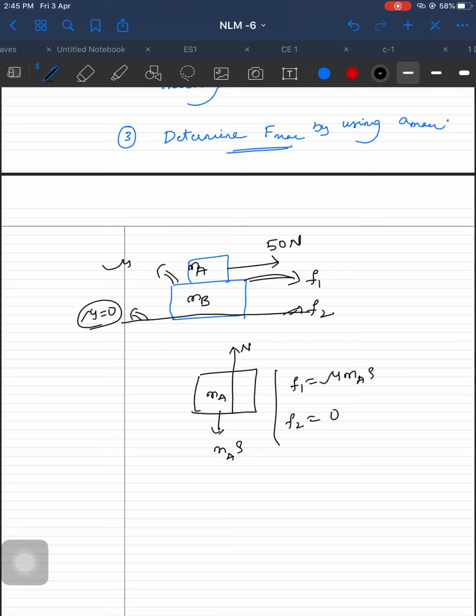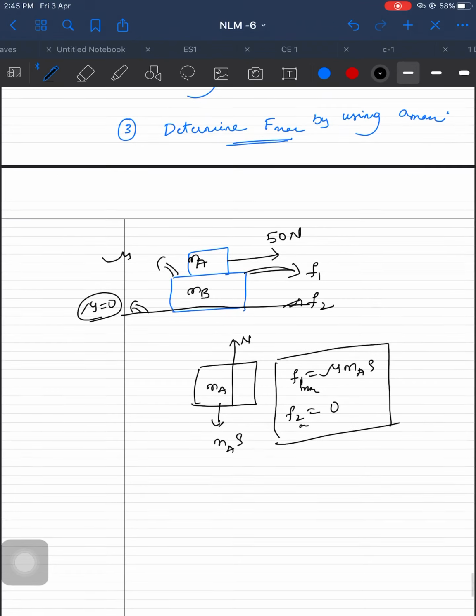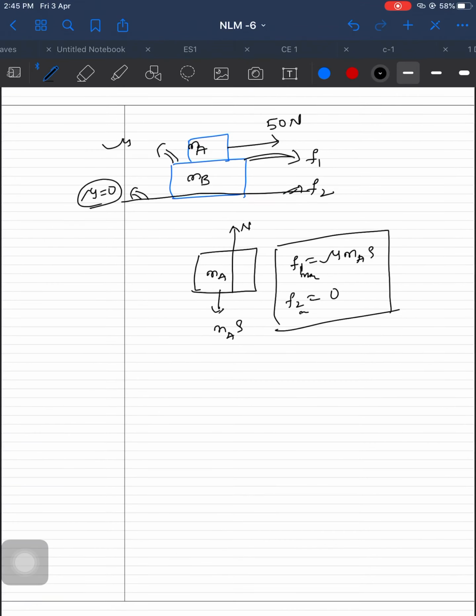Because there is no friction, F2 becomes 0. This is the maximum friction, F1 max. Now the 0th step is over.